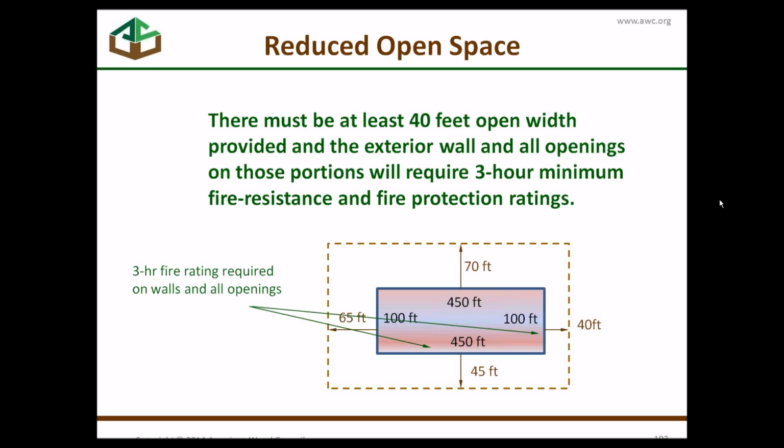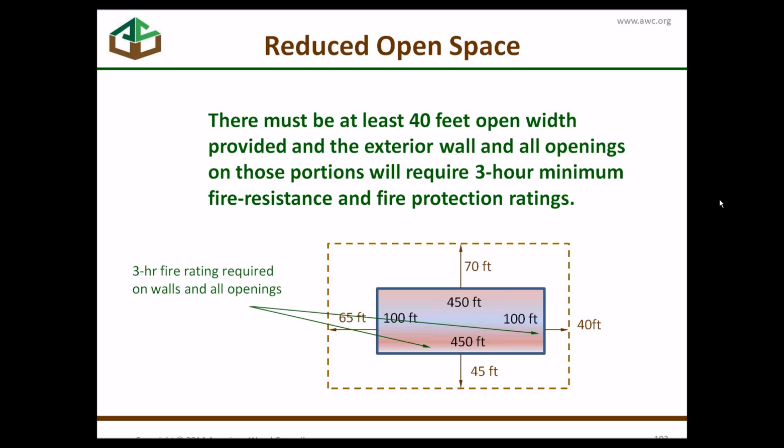Right. Okay, here's one last question. What about situations where the building walls are not parallel to other buildings for measuring the open width? You always measure the fire separation distance at right angles from the exterior wall.